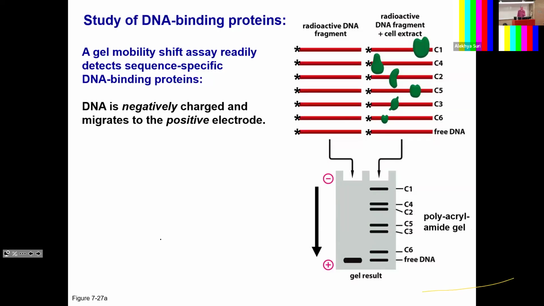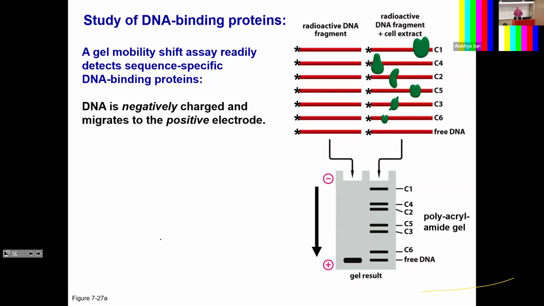So you would have this labeled DNA fragment, radioactive labeled DNA fragment, and you would add a protein mixture, or you can have just one protein. In this case, we have different proteins present in the sample, and we would analyze these by polyacrylamide gel electrophoresis.